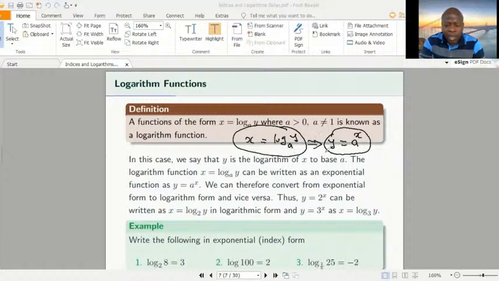We can do that either way. And thus, if I have the exponential form, I can write it in the logarithmic form by introducing log here, and then x goes to where y was. You can see that x goes to where y was, and I say log. So then this 2 becomes the base.